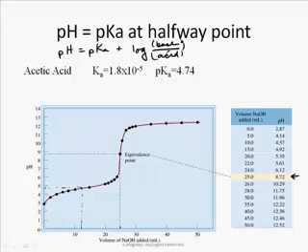As we start to titrate, we're making base. At the halfway point, we have consumed half of the acid, or neutralized half of the acid, which means that the amount of acid and the amount of its conjugate base that are in solution are equal. So that's why here we get log of 1 is 0, and the pH would equal the pKa. So that's where that particular thing comes from.